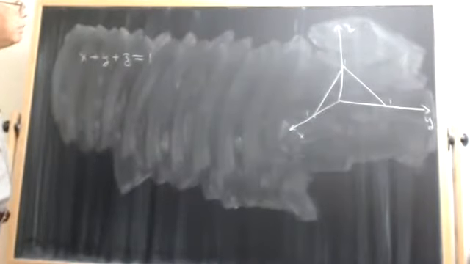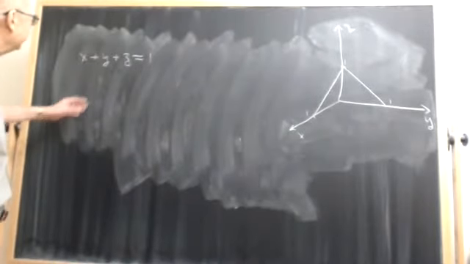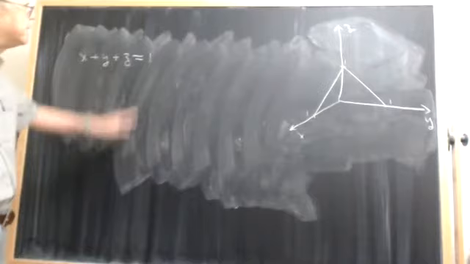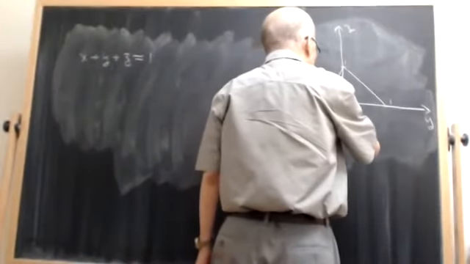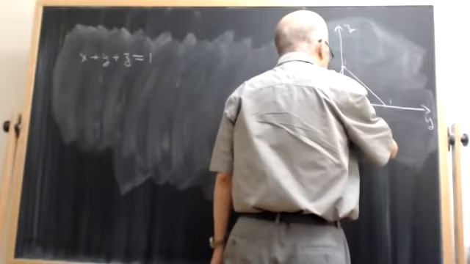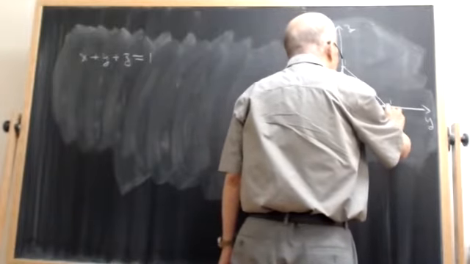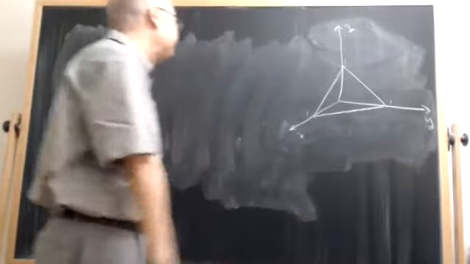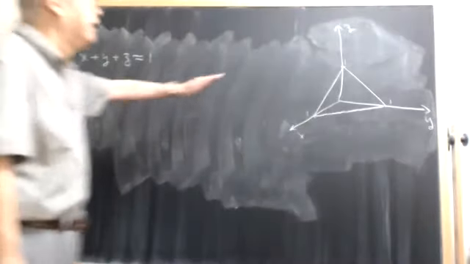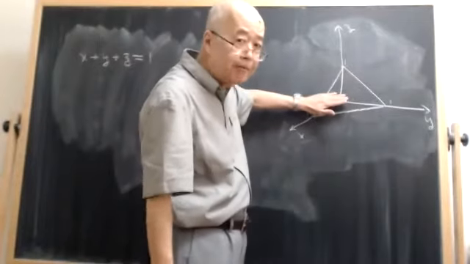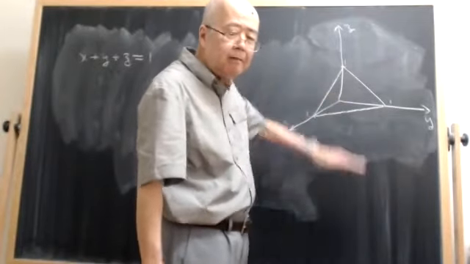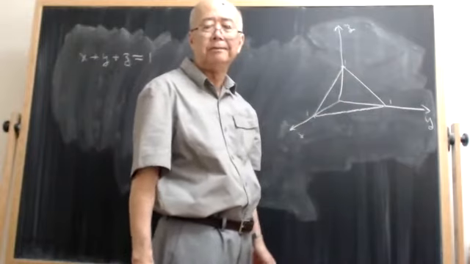And then finally, on the xy plane, z is equal to 0. We get a portion of the plane, which is a triangle.